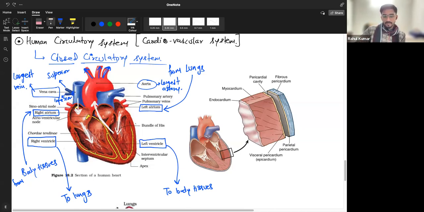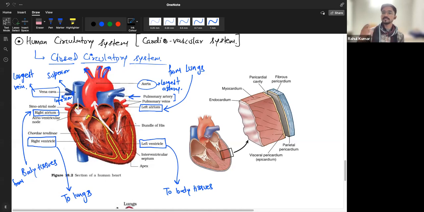So from the right ventricle, blood goes into the lungs through an artery known as the pulmonary artery, which is this one. It is called pulmonary because the word is associated with lungs.